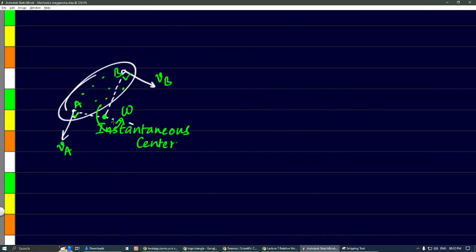So once you find the instantaneous center, let us say you know the value of velocity b, and you want to find velocity a. We can easily find that by the omega relation. So omega is equal to velocity a by radius of a. That's also equal to velocity of b by radius b.